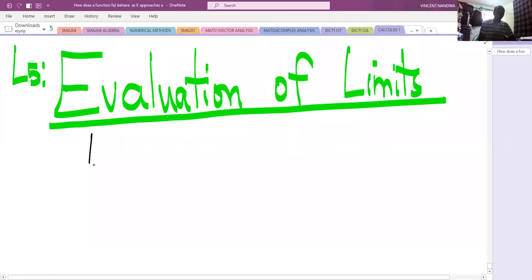Evaluate. The meaning of evaluate is the same as find. So evaluate, or find, the following limits.